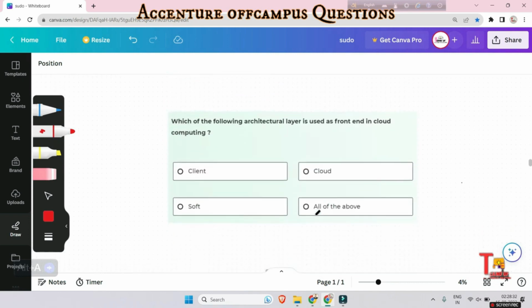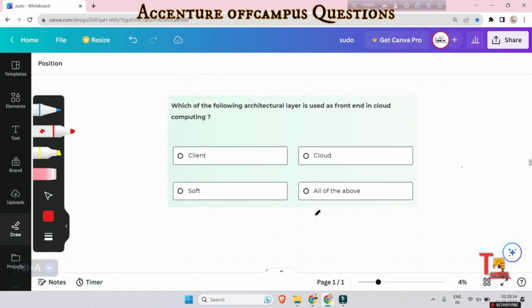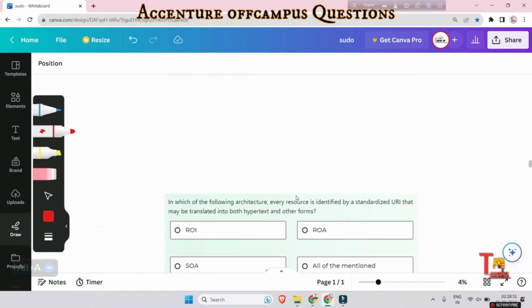So the next question is, which of the following architectural layers is used as front end in cloud computing? Client layer, cloud layer, soft layer, or all the above? Actually, the answer will be client layer, right?